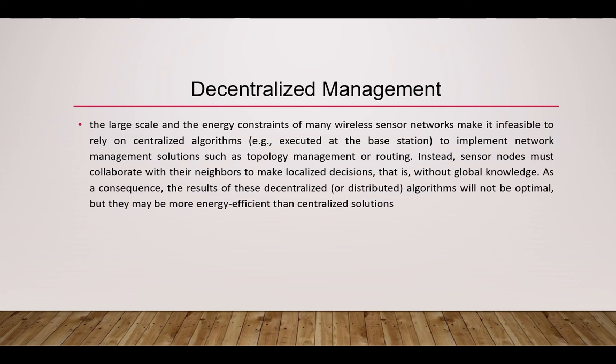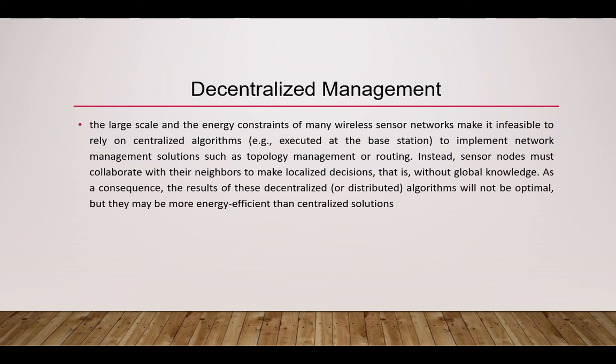Decentralized management. The large scale and energy constraints of many wireless sensor networks make it infeasible to rely on centralized algorithms executed at the base station. They implement network management solutions such as topology management or routing in a decentralized fashion. Sensor nodes must collaborate with their neighbors to make localized decisions without global knowledge.